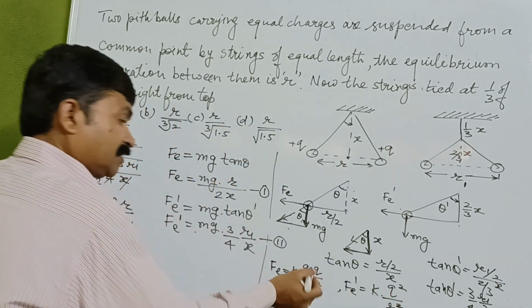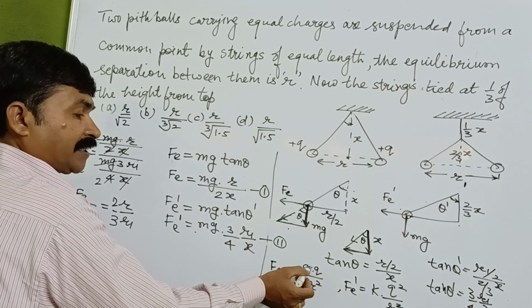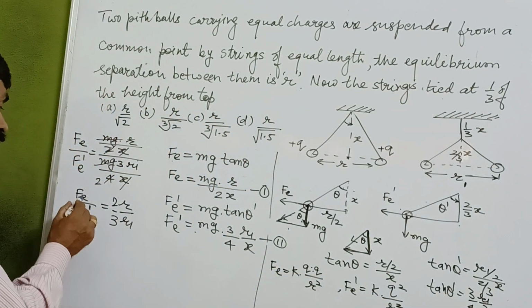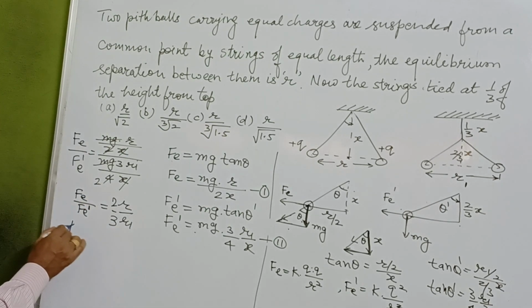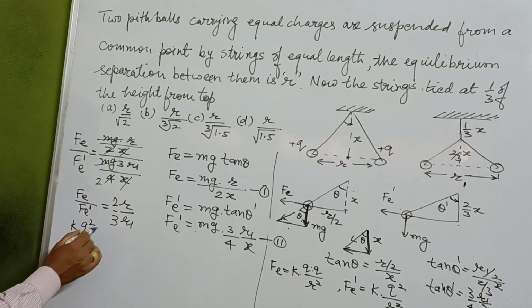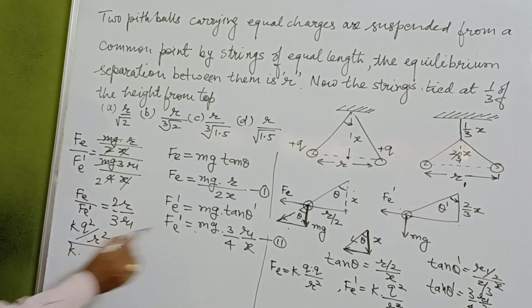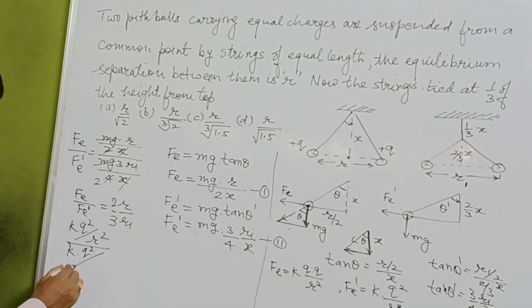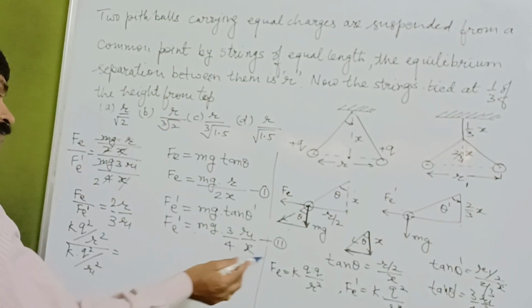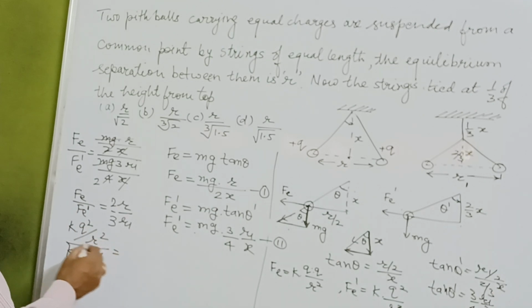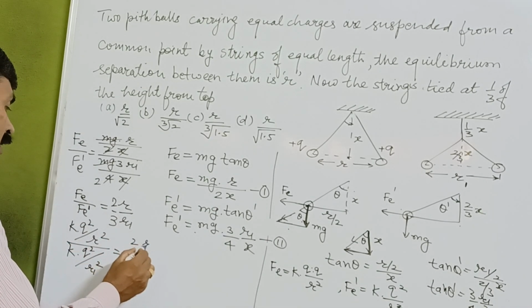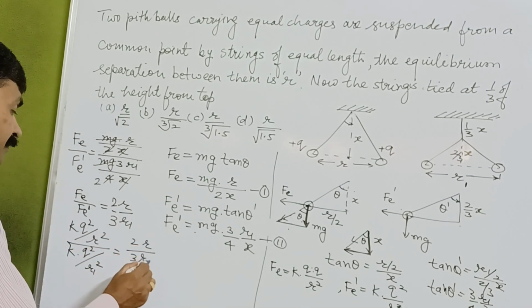Now we can take these two forces, it will be k times q square upon r square. So we are substituting it here, k q square upon r square upon k times q square upon r1 square, which, it is in this ratio, so it is 2r upon 3r1.